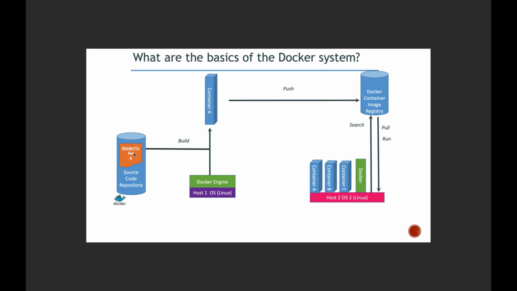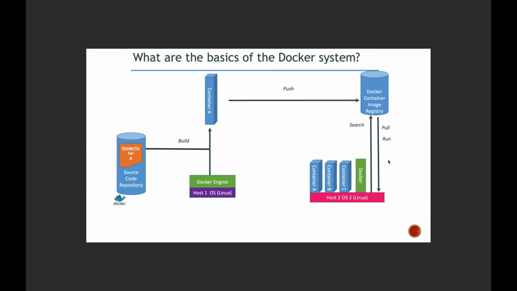Once you build it, with the help of the Docker engine, it creates the container image. If we have configured the registry and we pass the push command, it will push the image to the Docker container image registry, and then it will be available to your team or the Docker community, based on whatever your need or requirement is.